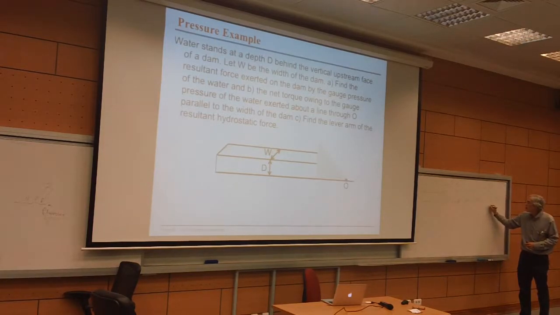So I get rho g W, integral from y equals 0 to y equals D of y dy. And this will be equal to rho g W y squared over 2, going from 0 to D. And so this is equal to rho g W D squared over 2.